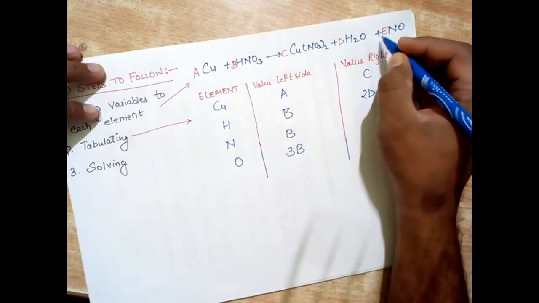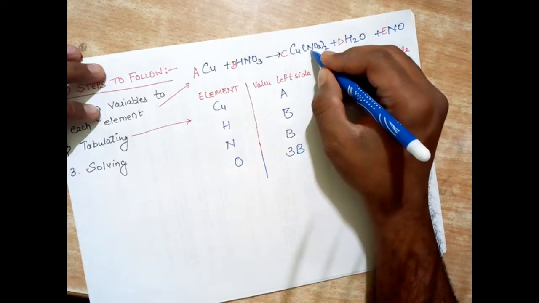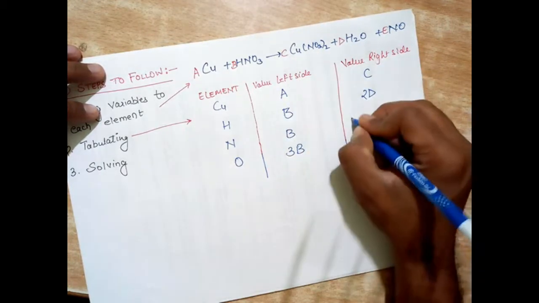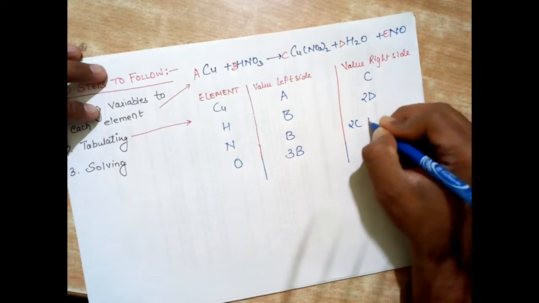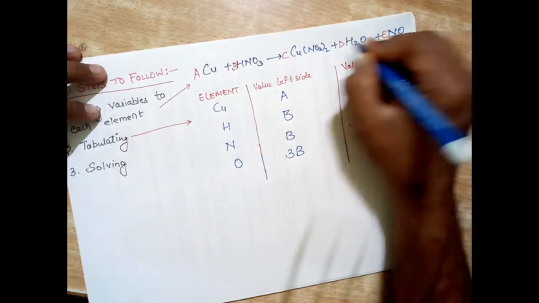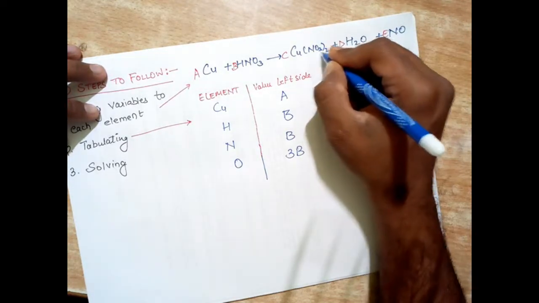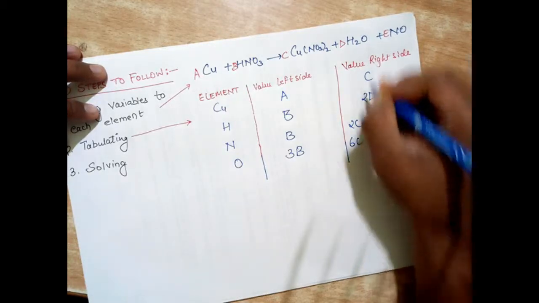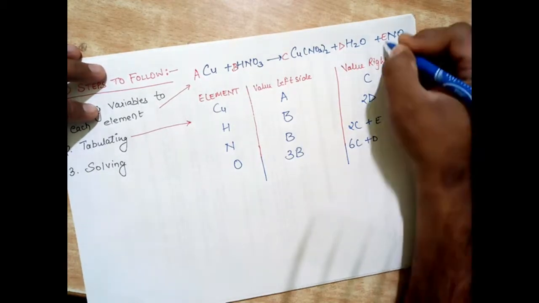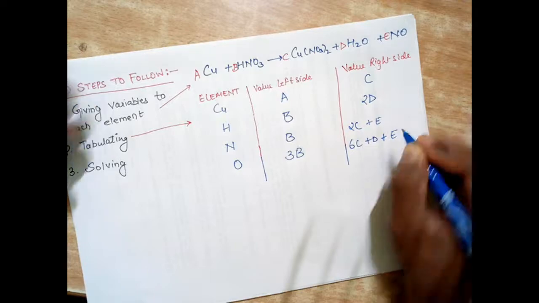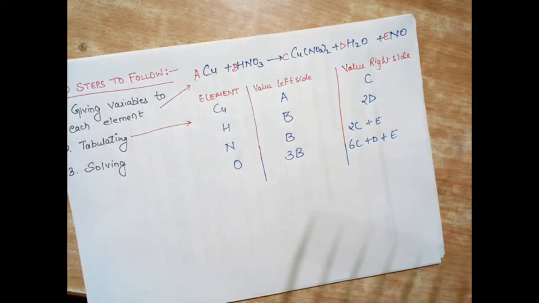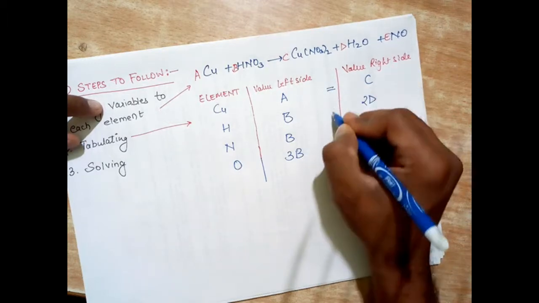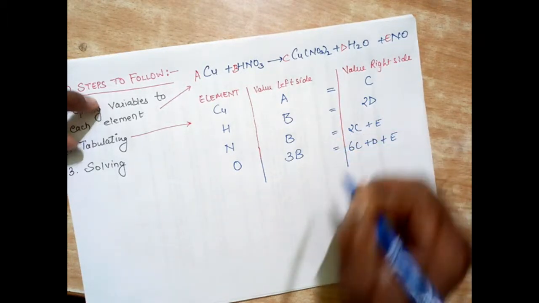The nitrogen is present at 2 places, with a value of twice C plus E, and oxygen is present as 6C plus D plus E. As we know, the amount on the left hand side and right hand side has to be equal. That means all these values are equal to each other.